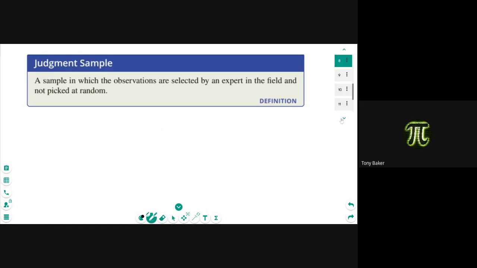So one of the ways we can get it is known as a judgment sample. A judgment sample is somebody actually picking the information. Is this a random sample? No. Can I do any of the stuff that we've been talking about with a sample that was gotten this way?